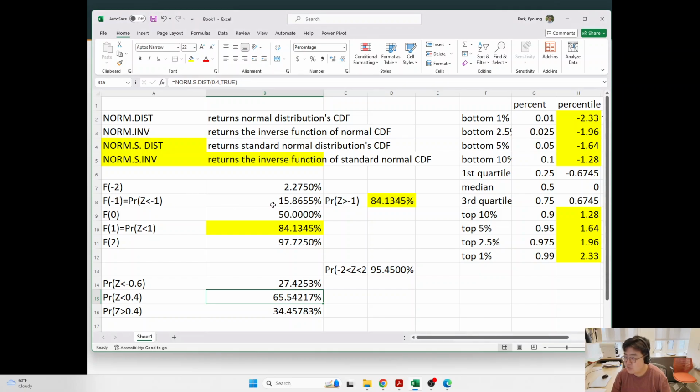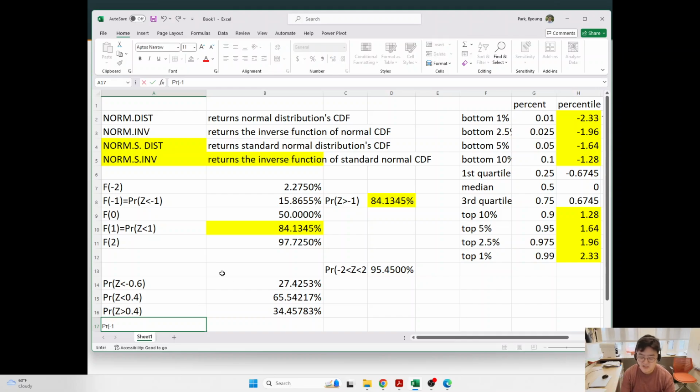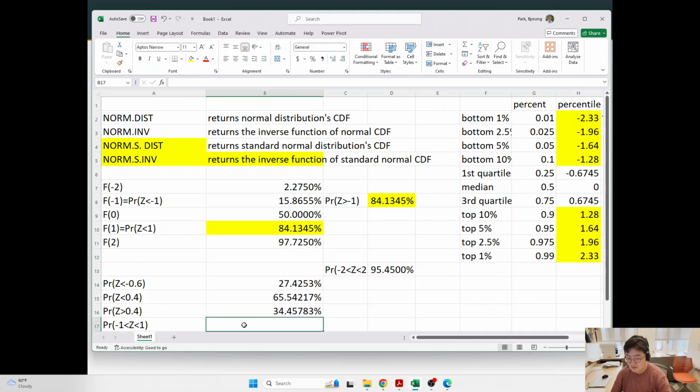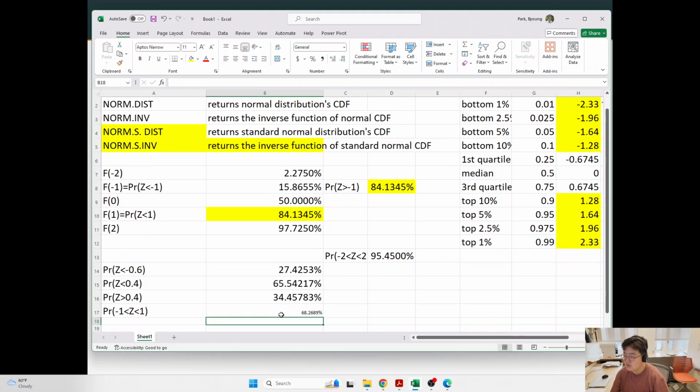We already calculated probability up to +1, probability up to -1. Take their difference, like this and this. So the probability between -1 and 1 is this minus this, which is 68%. Okay?